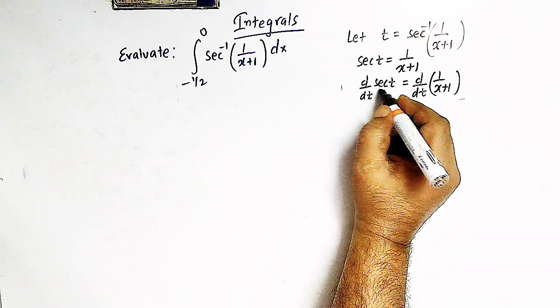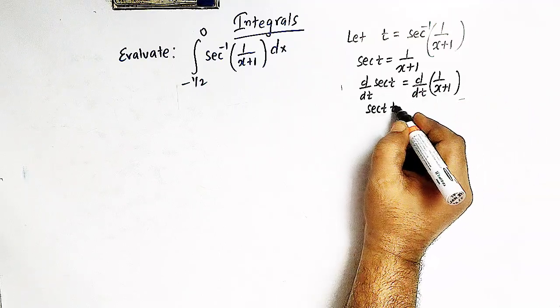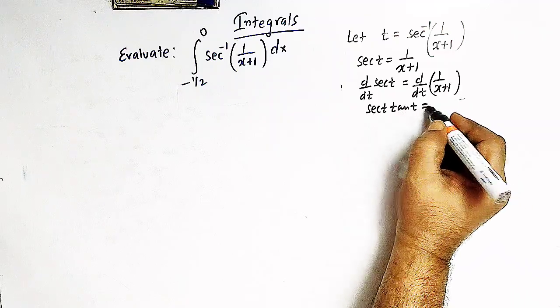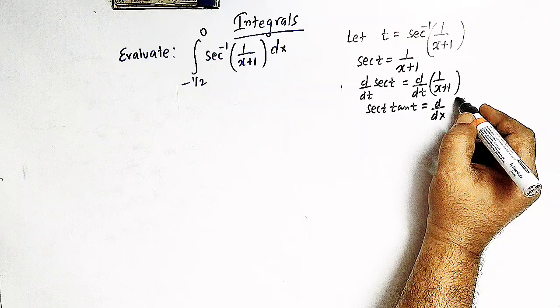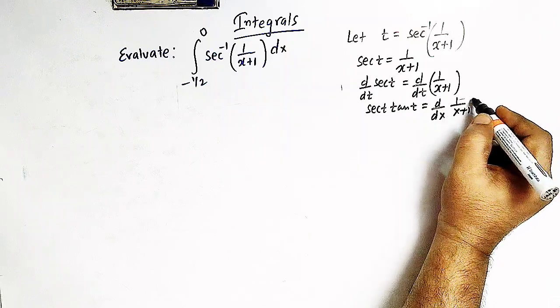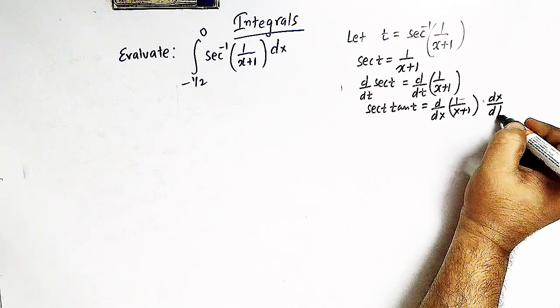Now the derivative of secant t is secant t tan t, and here we have d by dx of 1 over x plus 1, and then we can write dx over dt.